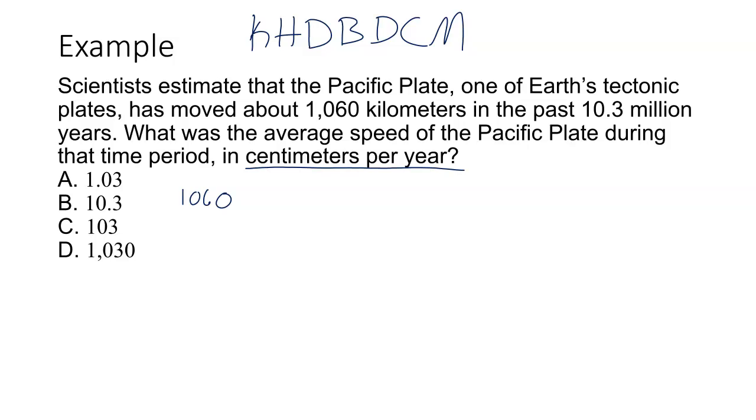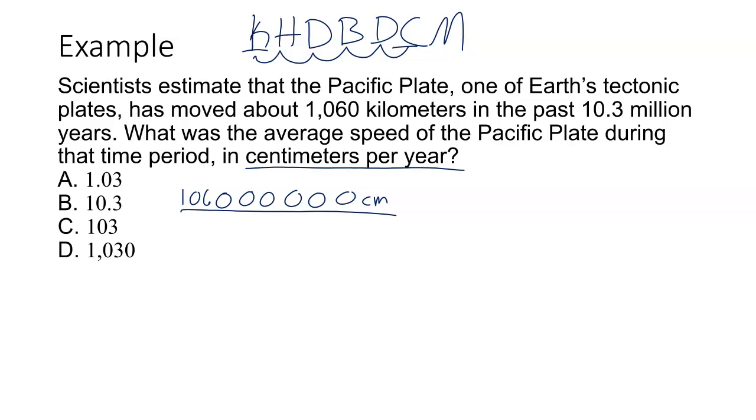So if I'm going from kilo to centi, I have to move 1, 2, 3, 4, 5 times to the right. That's adding 5 zeros to the end of my number. So 1,060, 1, 2, 3, 4, 5 zeros get added to my number. Okay? So that turns it from kilometers into centimeters.